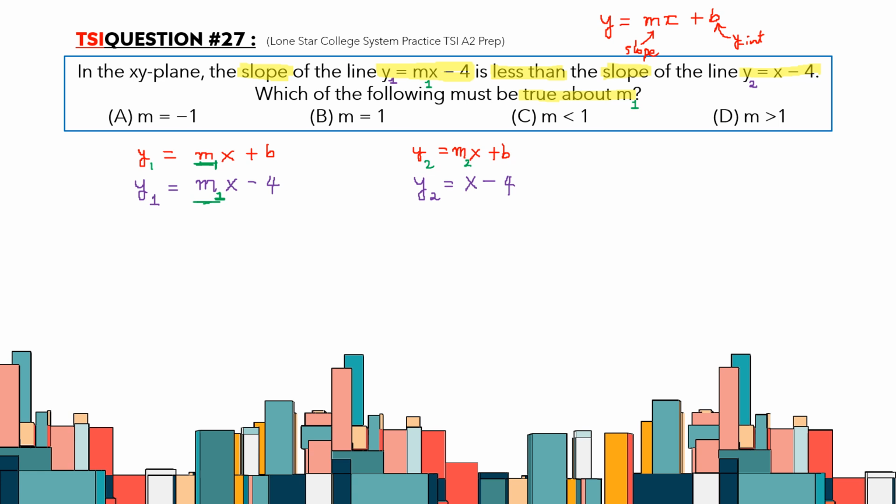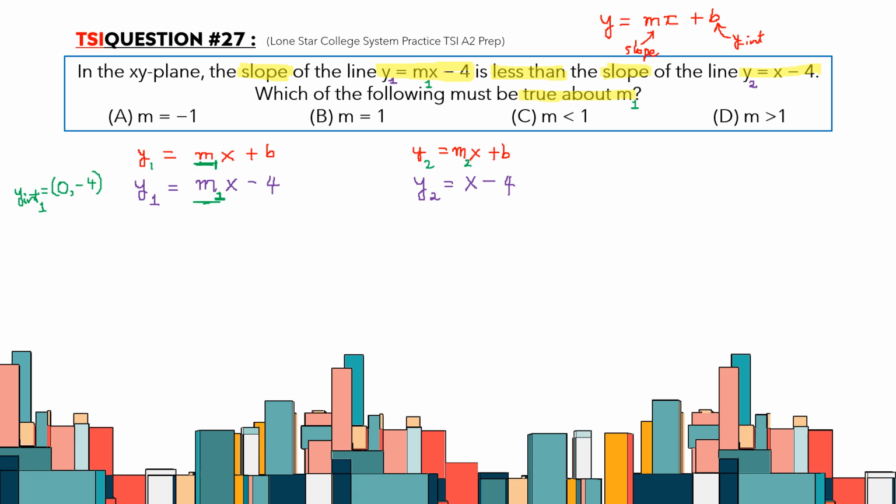The y-intercept of the first line is out of the question, but just for information. For the first line, when x equals 0, y1 equals negative 4.